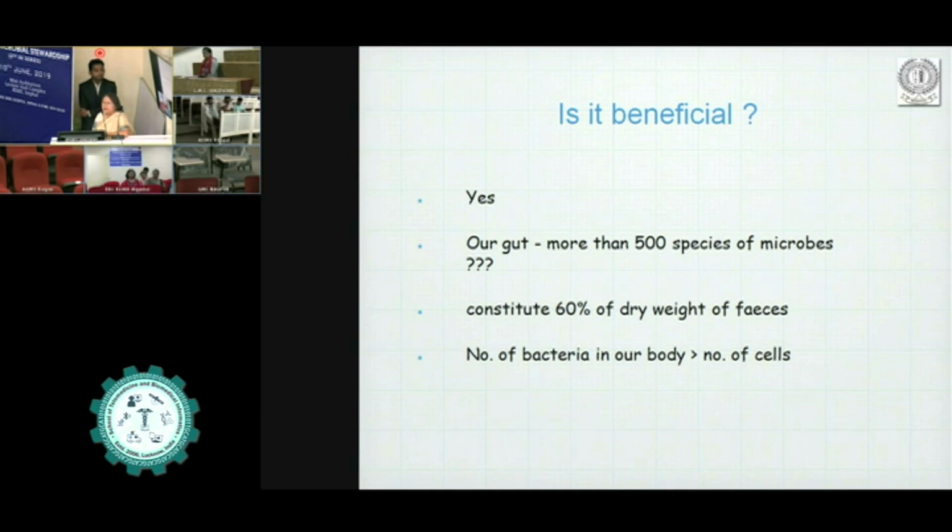Again, our gut flora has more than 500 species of bacteria. Forget about the number of bacteria; the number of species is almost more than 500.